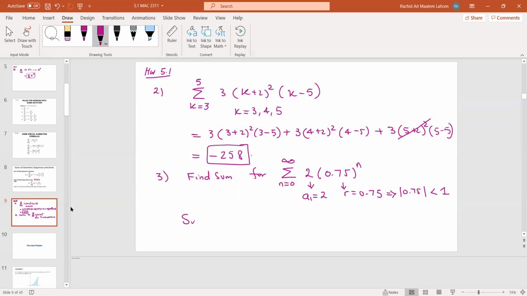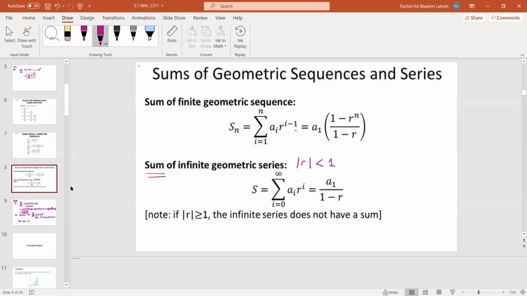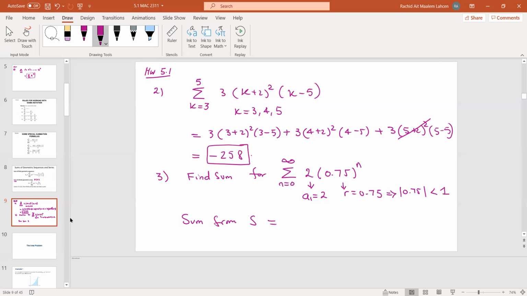And the sum is going to come from the formula here, a1 over 1 minus r. 2 over 1 minus 0.75 is 2 over 0.25, which equals 8.